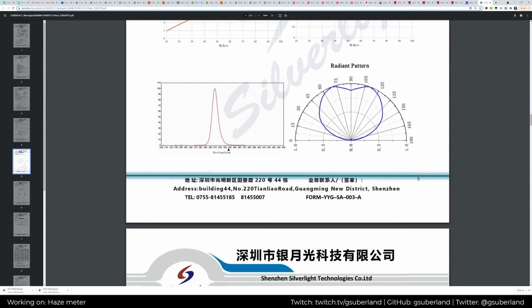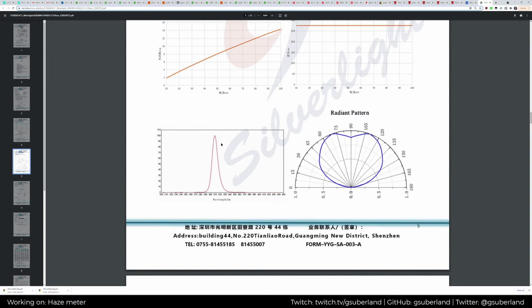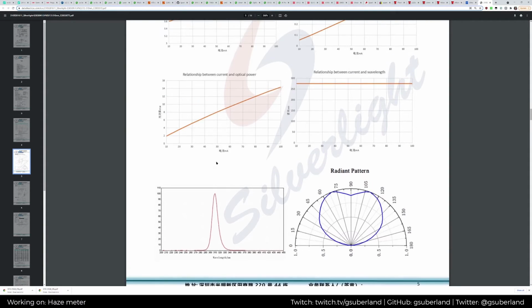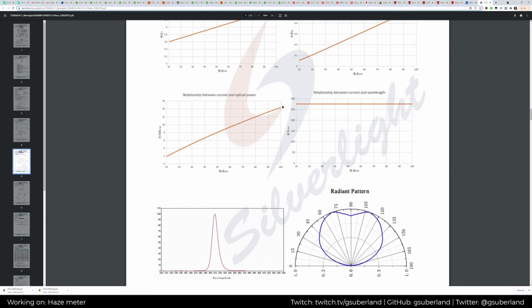Garbage day. So okay, at 320 you get about 30%. So that's not bad. So between 310 and 320 you get a good portion of the optical energy. And at 14 milliwatts, let's be conservative and say 30% of 14 milliwatts.